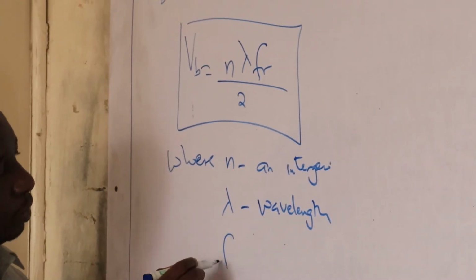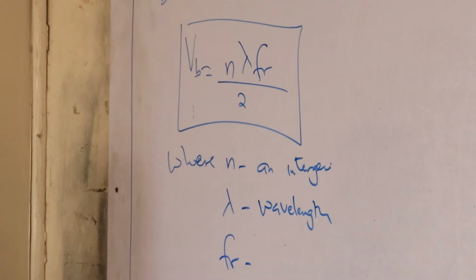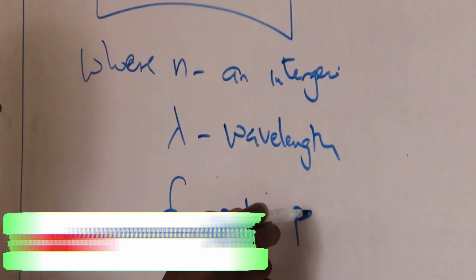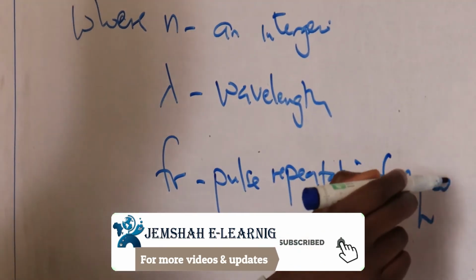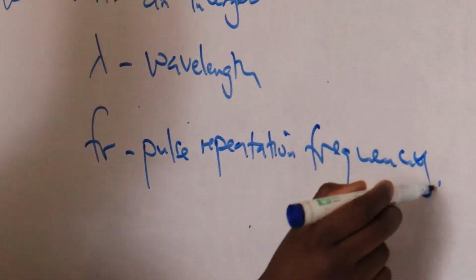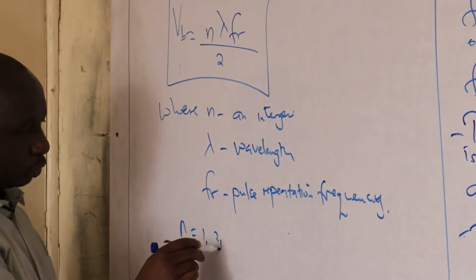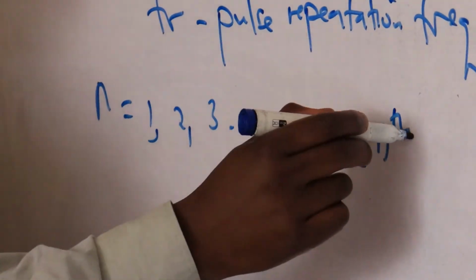Then we have the FR, referred to as the pulse repetition frequency. So n is normally 1, 2, 3 to an nth number.